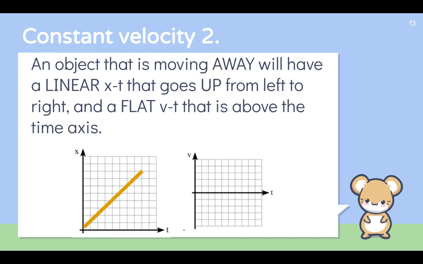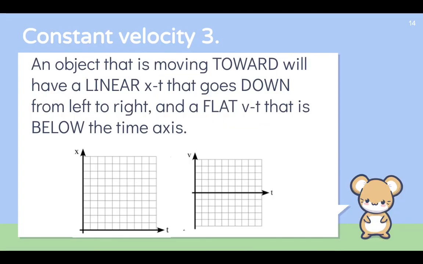The velocity of that then is positive because velocity is distance divided by time. The third situation we encounter is an object that is moving toward. It will have a linear XT graph that goes down from left to right and a flat VT that is below the axis because it is going in a negative direction because it's coming toward us.